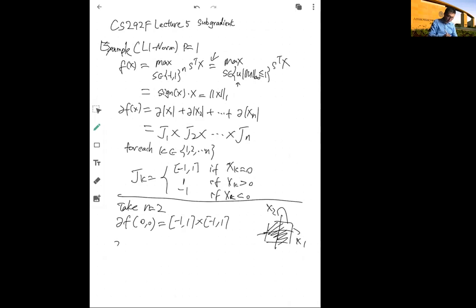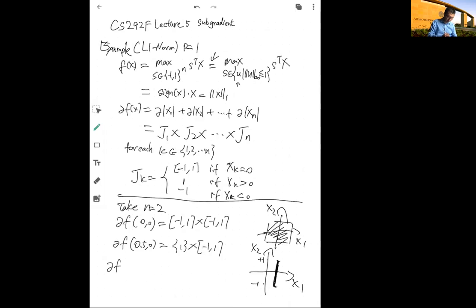Suppose we have (0.5, 0), then you get a set that's just 1 multiplied with [-1, 1]. This gives us a line segment at x1 equal to 1, and x2 can be anything between -1 and 1. Therefore, this line segment is the set of all subgradients at (0.5, 0).